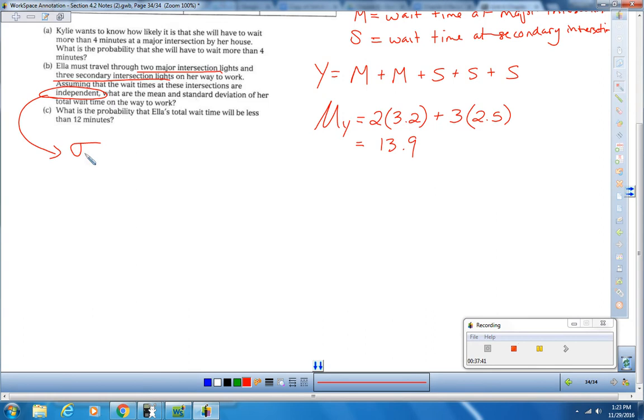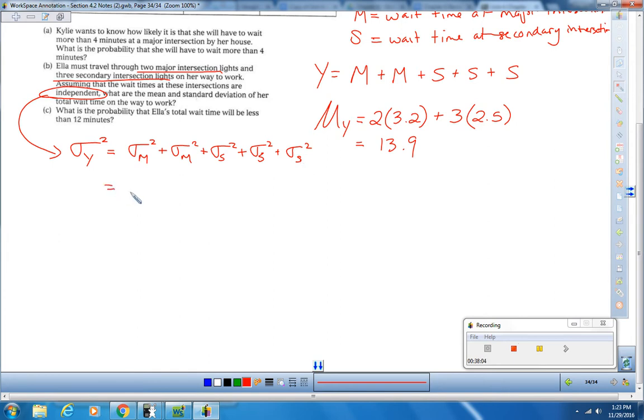So the variance of y, let's try this again, is going to be the variance of m plus the variance of m plus the variance of s plus the variance of s plus the variance of s. I apologize for the mistake. Glad I caught it before I finished this. So let's put this in.